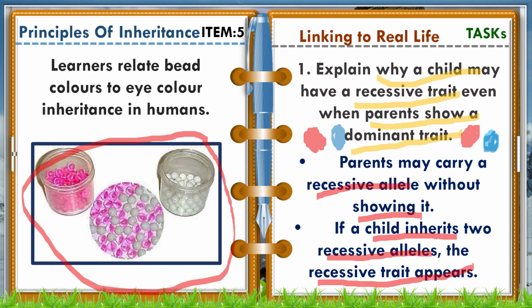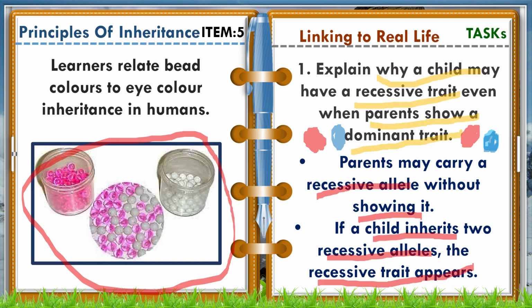But genotypically, they have got a recessive allele in their genes. Because this recessive allele is existing with the dominant allele, the dominant is going to suppress the recessive, and the eye color will now be what? Red. Their eye color will be red.